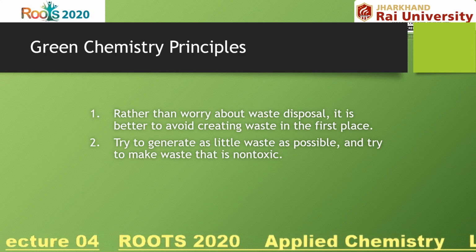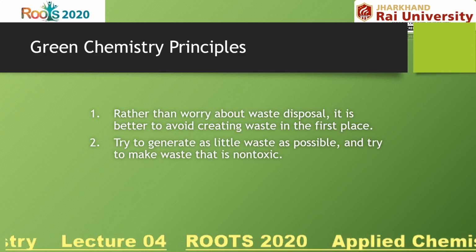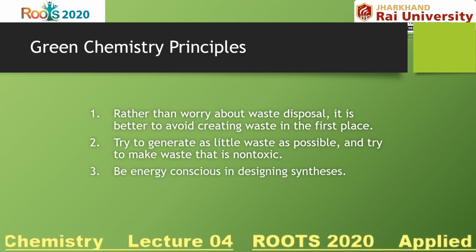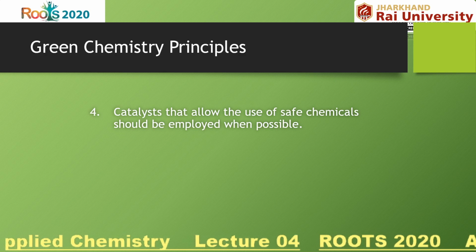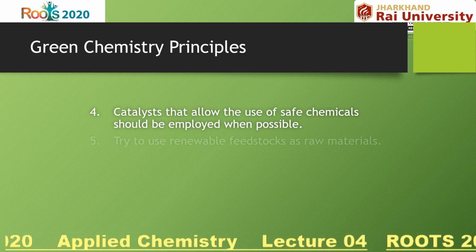So try to generate as little waste as possible, try to make waste that is non toxic, and be energy conscious in designing synthesis. Catalysts that allow the use of safe chemicals should be employed when possible.